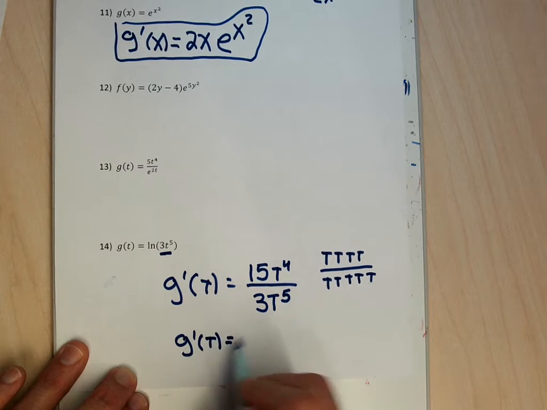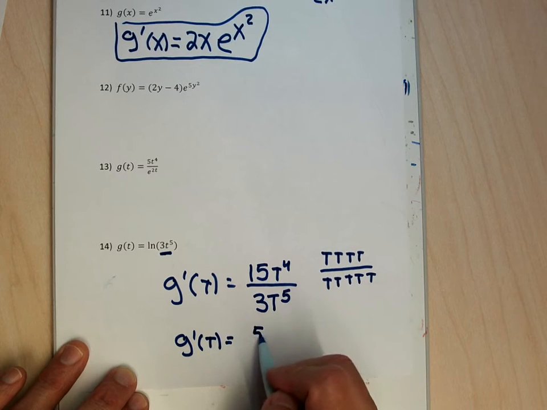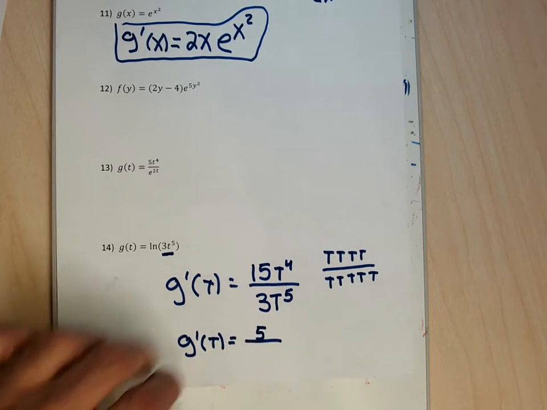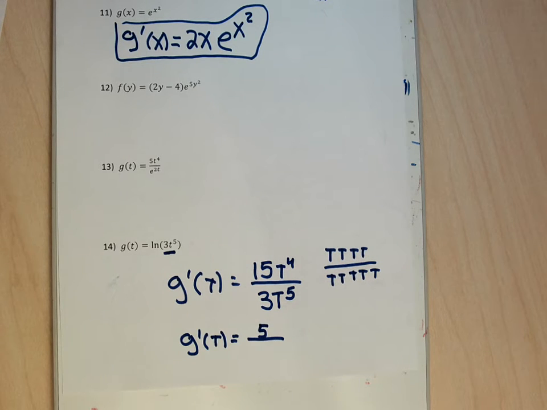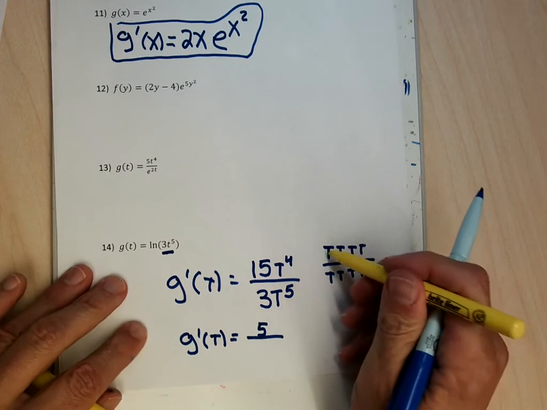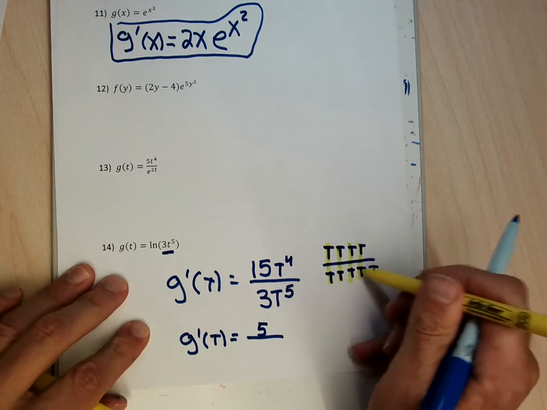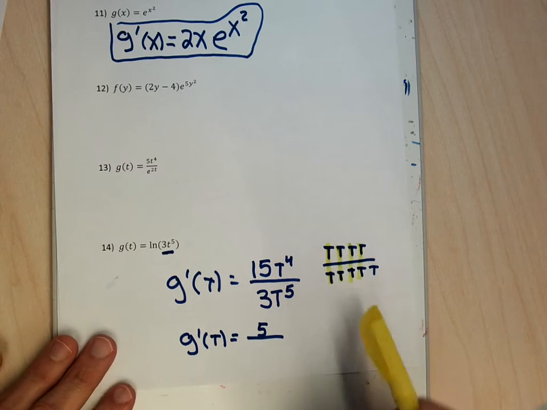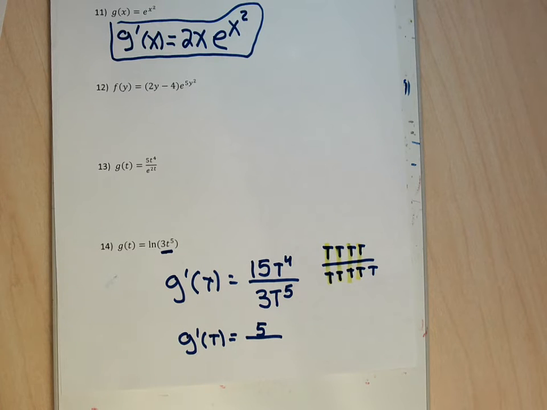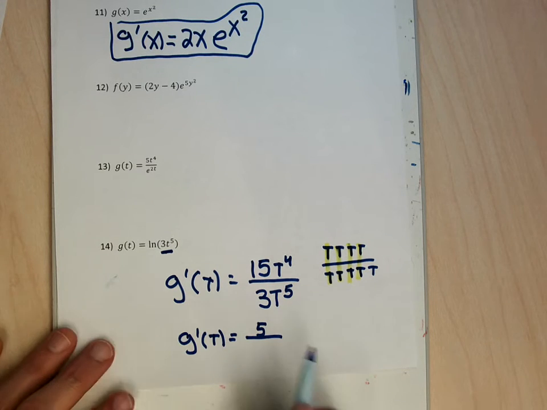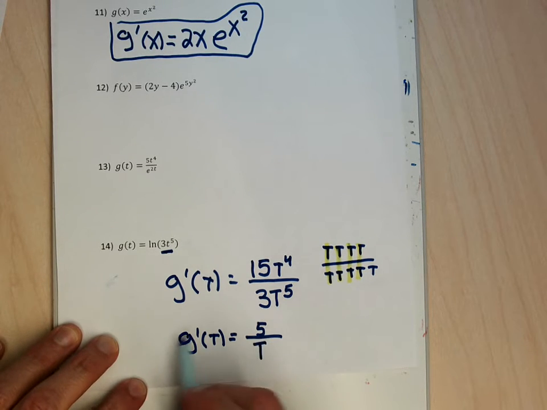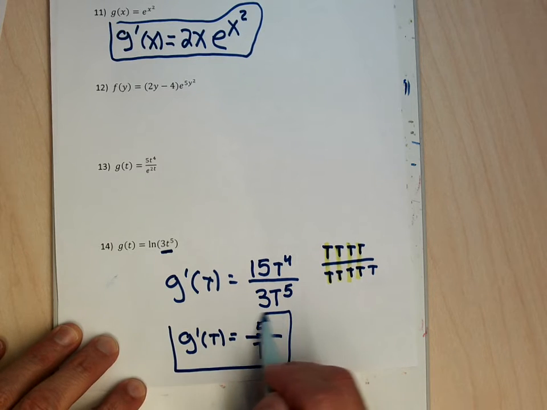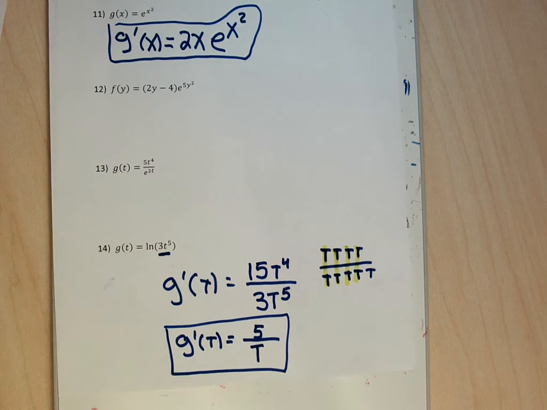So I'm going to write 5 in the numerator because the 15 over 3 reduces to 5. And then for the t to the 4th over t to the 5th, the numerator has 4 t's, the denominator has 5 t's. I could cancel all 4 t's from the numerator with 4 of the 5 t's from the denominator, and I'd be left with 1 t in the denominator. The derivative of problem 14 is just 5 over t.